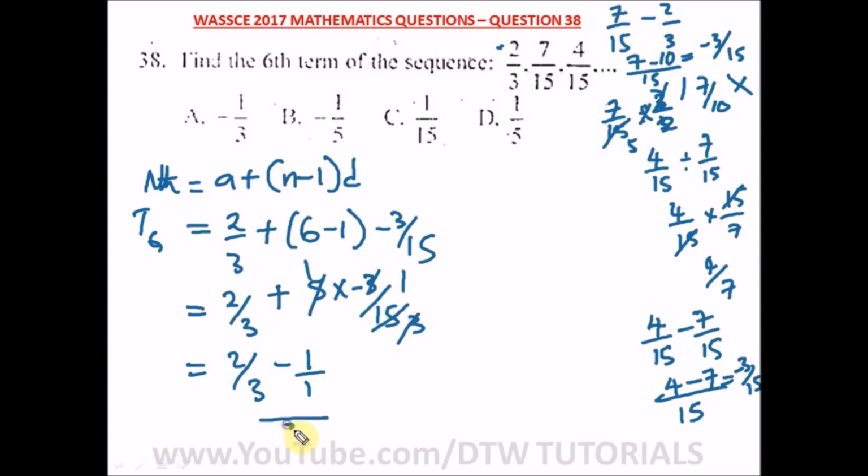So let's find the LCM. We have 3. 3 in 3 is 1, 1 times 2 is 2, minus, and 3 in 1 is 3, and 3 times 1 is 3. So we have 2 minus 3, which will give us minus 1 over 3. So this is our final answer, and our right option here is option A.